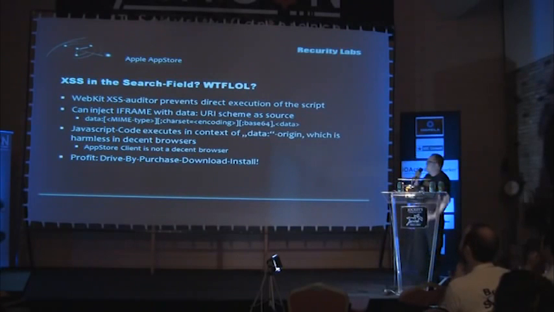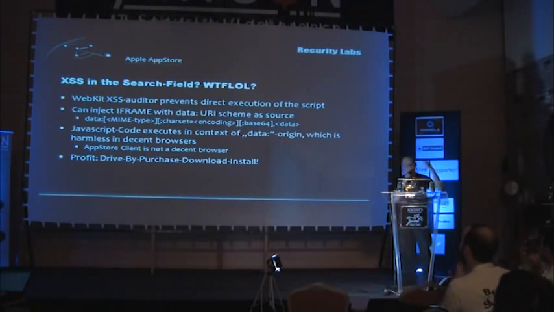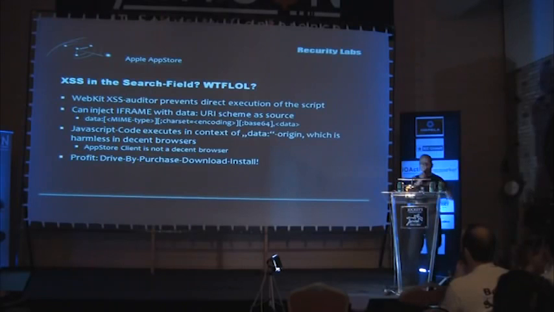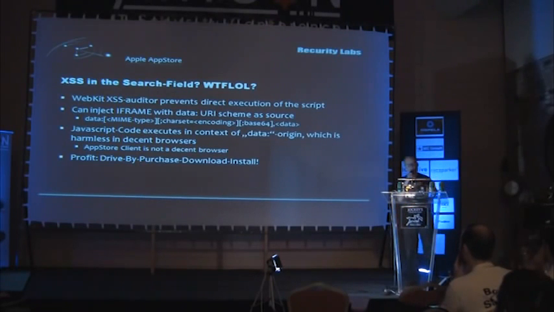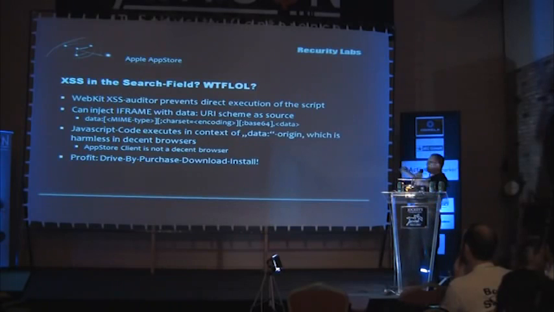So, essentially, the WebKit has an XSS auditor. It's an XSS client-side prevention tool. And that should actually prevent us from hacking around. However, since this is not a real browser, it will support the data URL or data URI scheme as a source of content, which a sane browser would never do.